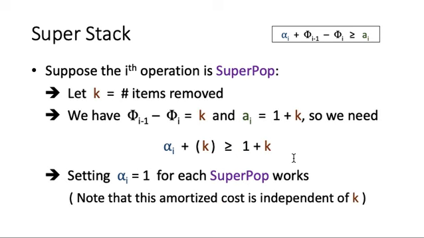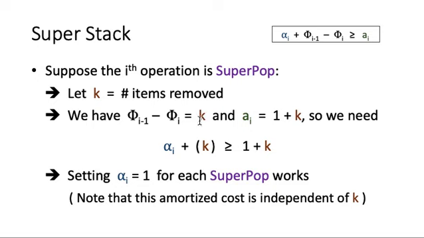And finally, for super pop. Suppose that k is the number of items that is removed. Because of this, phi of i minus 1 minus phi of i, whatever we can get from the bank, is equal to k, because we have k fewer items after that.